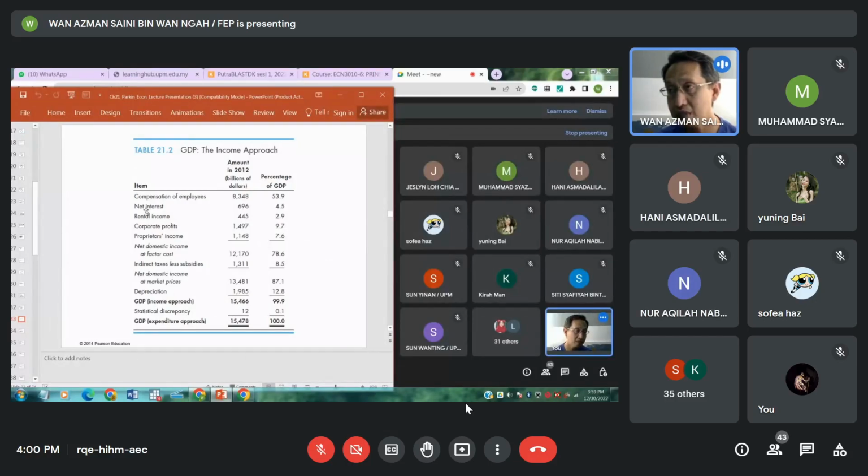That is interest expense. So net interest is the interest that we receive minus the interest that we pay. And rental income: if we have anything to rent out, it will be part of the income, but the amount is very small, the smallest component.